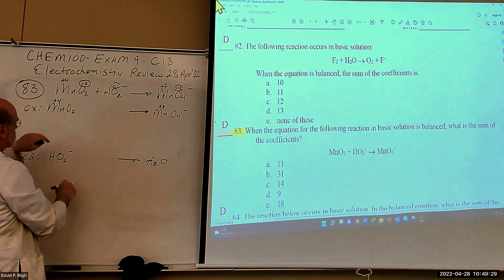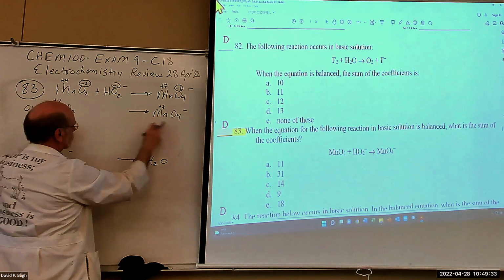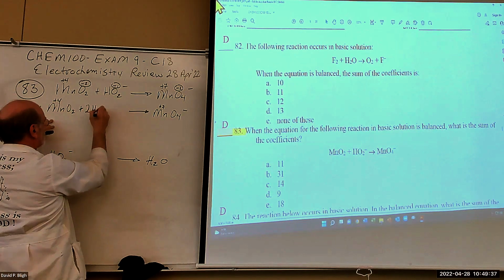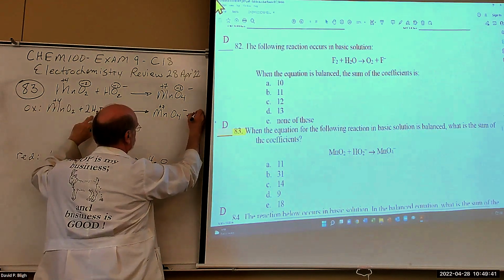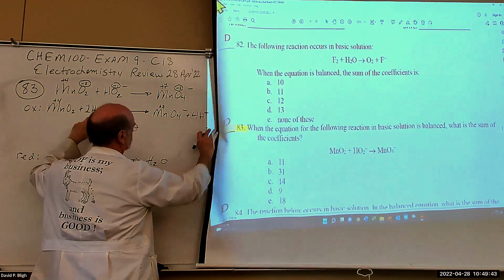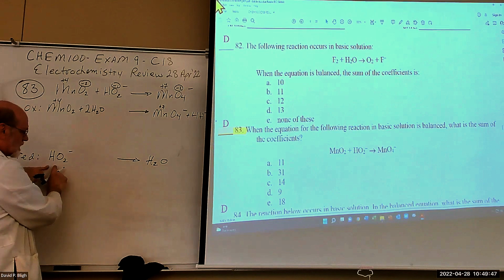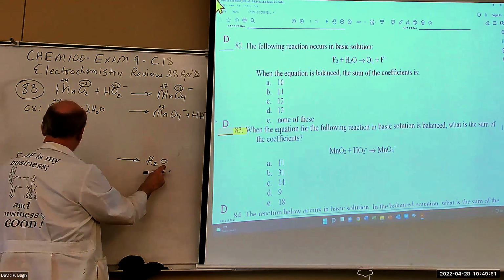Manganese. Okay. Oxygens. We got 2 here, 4 there. We need 2 more on this side. Then we need 4 hydrogens on this side. On this one, we've got a hydrogen here, 2 hydrogens there, and an oxygen there.